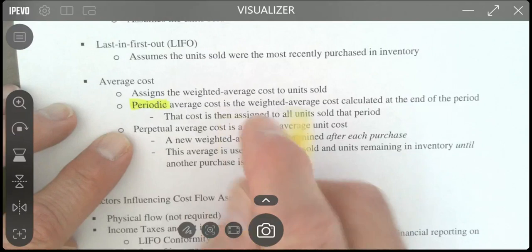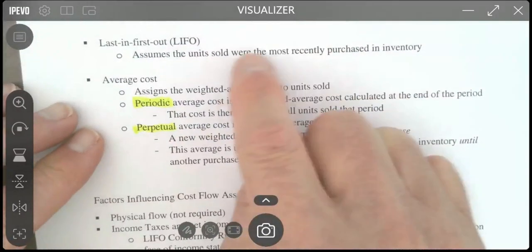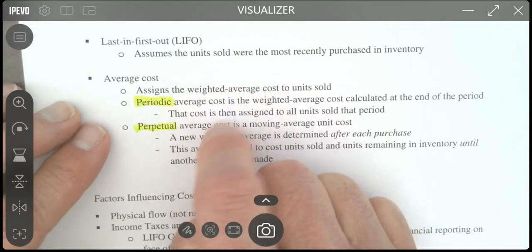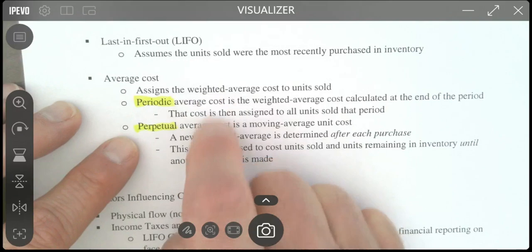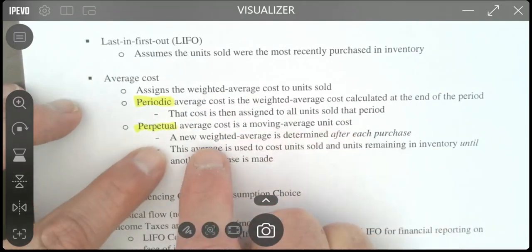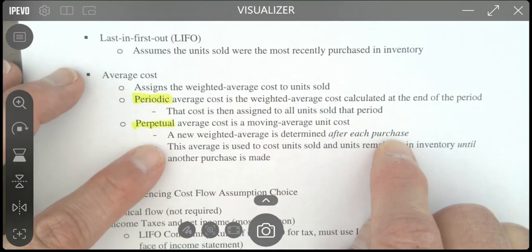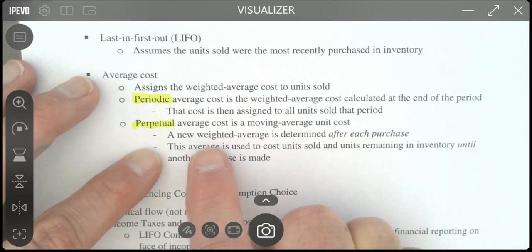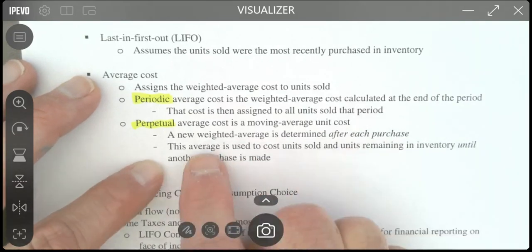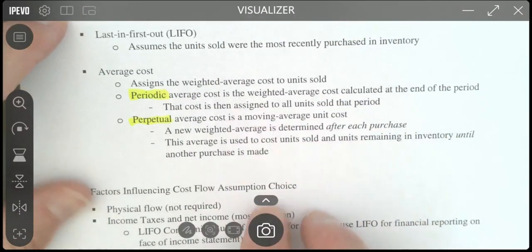The average cost flow assumption with the perpetual system, because remember there are two system choices, periodic or perpetual, and then there's the cost flow assumption. And in this case, we're talking about average cost. Perpetual average cost is a moving average unit cost where a new weighted average is determined after each purchase of inventory. This average is used to cost units sold and units remaining in inventory until another purchase is made. We're going to see cases of all of this, friends.